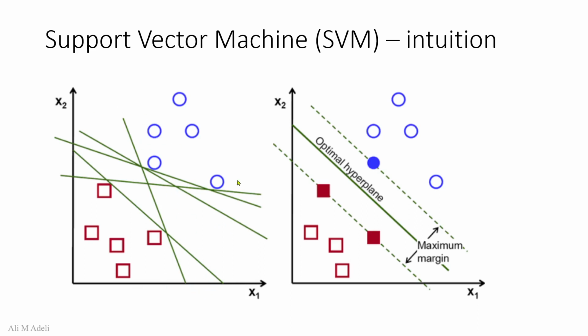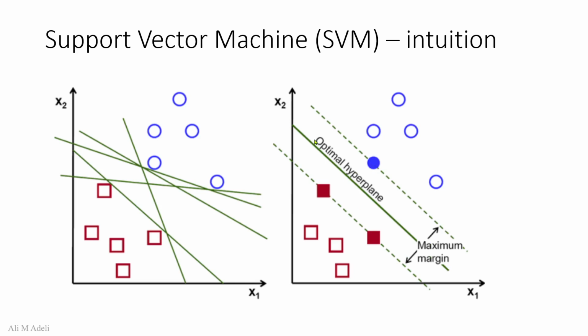So, I could draw all these green lines, right? And so the idea for SVM, support vector machine, is it tries to find a line that has the largest possible margin between these two classes. So it tries to find a line that has the maximum margin between these two classes.